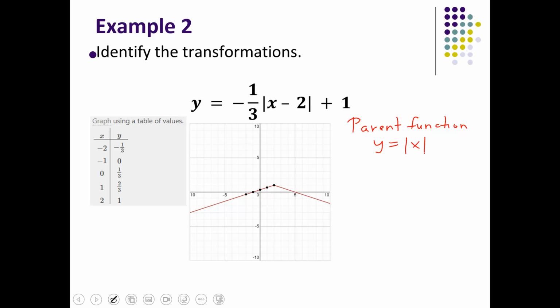So that would be right in the center of this graph. Right here in the center, your vertex would be 0, 0. And it will have a ray on the left and a ray on the right.